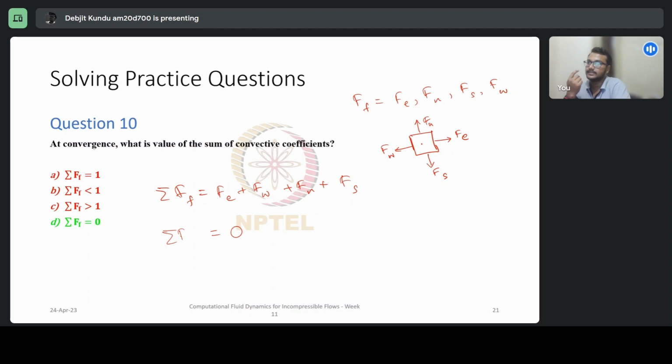So that's why at convergence the summation of Ff becomes identically 0. That's why option D would be the correct answer.